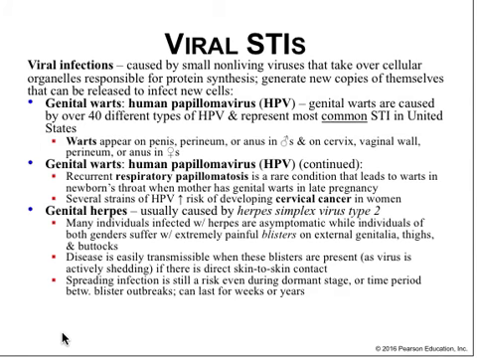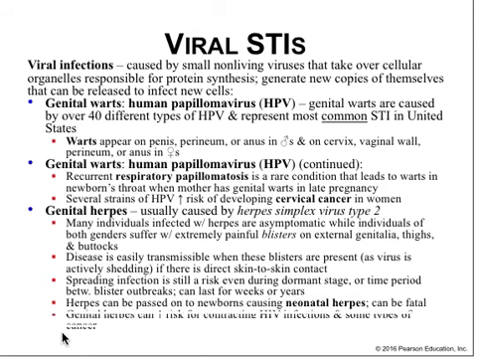Spreading infection is still a risk even during the dormant stage, or time period between blister outbreaks, which can last from weeks to years. Herpes can be passed on to newborns, causing neonatal herpes, which can be fatal. Genital herpes can increase the risk for contracting HIV and some types of cancer.